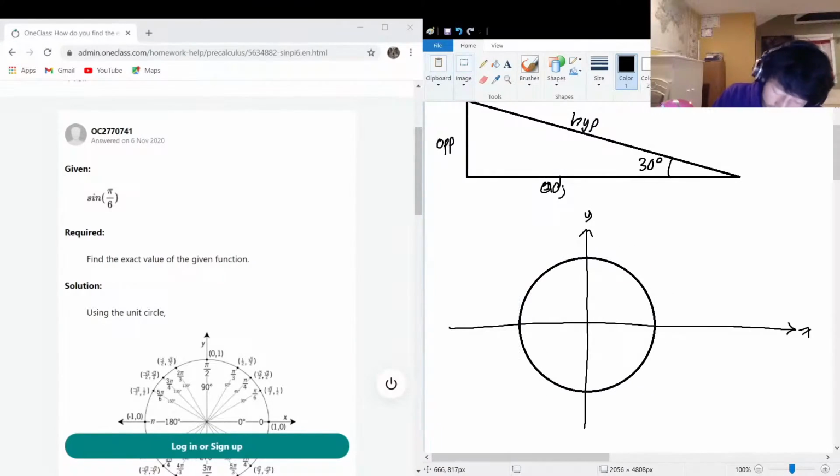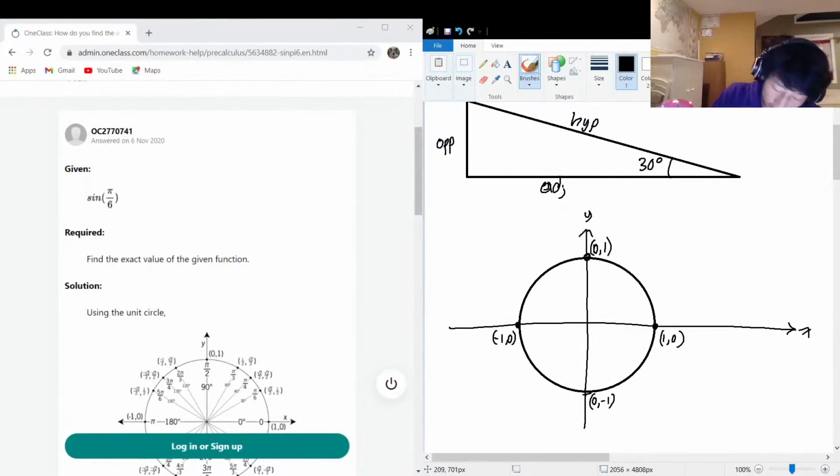It's pretty much centered, and we know that here is 0, 1. Here we have 1, 0. Here we have 0, negative 1. Here we have negative 1, 0.